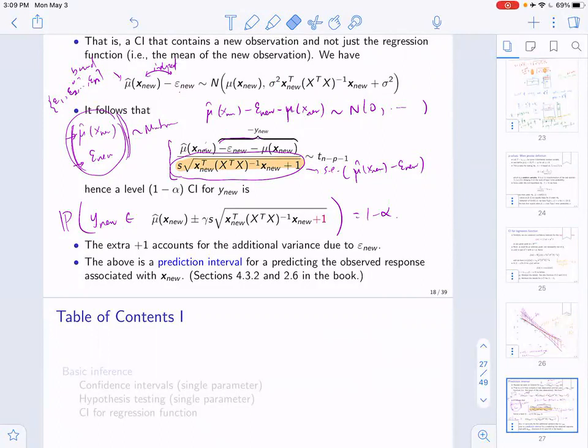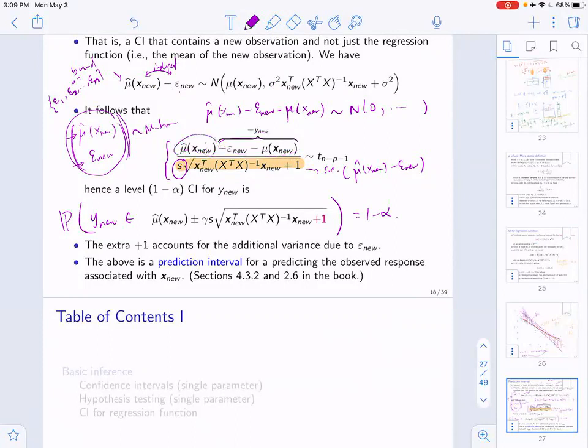The reason why we do this is that this part is again independent because of the independence of s and beta hat. You remember this whole part, the above is independent of below. This is independent of everything else, and they could be dependent because they're based on the same data, but you established that they're independent.